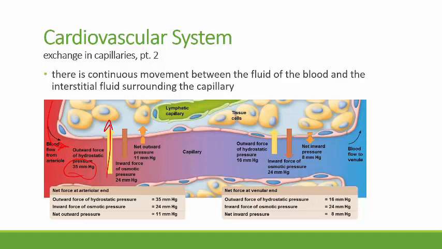Now, there's also an inward pull based on colloid osmotic pressure. That has a net pull inward of about 24 millimeters mercury.